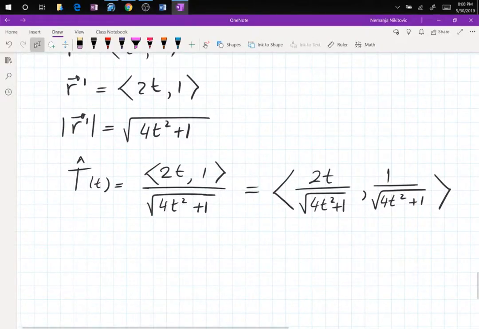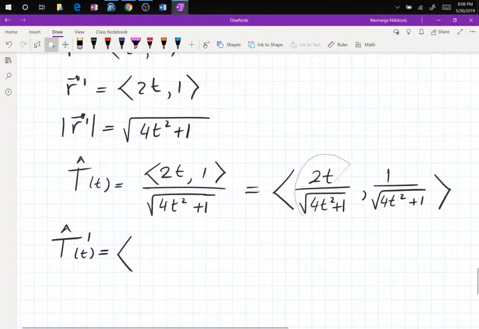But now we need T prime. So this is where hell breaks loose. T prime is, and now we need to differentiate each one of these. And these are wonderful quotient rules with the chain rule in between. Now this is the way to do it. Ready?